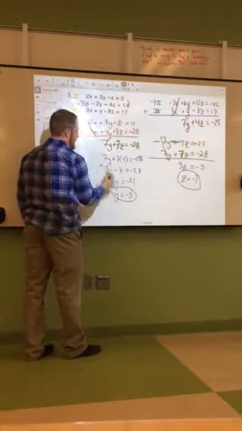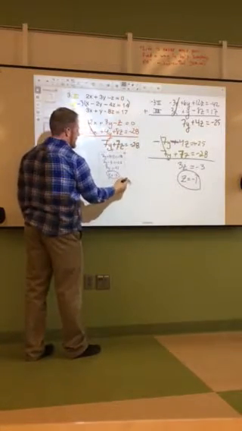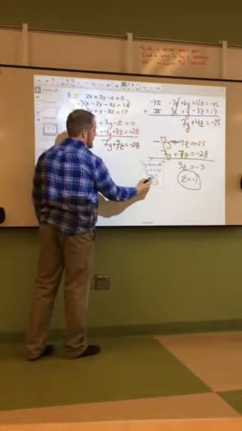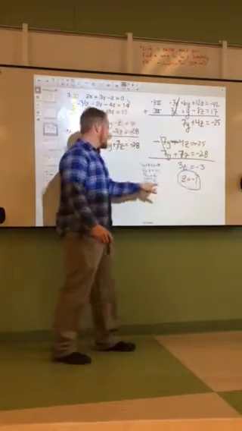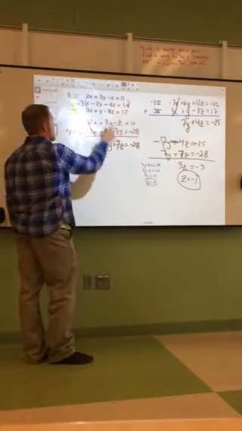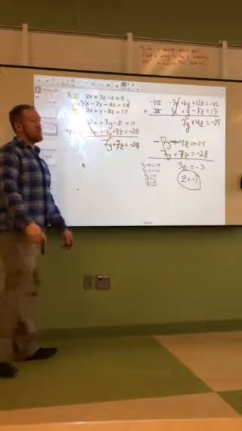Let's make a little space. And then I have negative 1 for z, negative 3 for y, and I'm going to plug that back into any one of my original 3 variable equations.